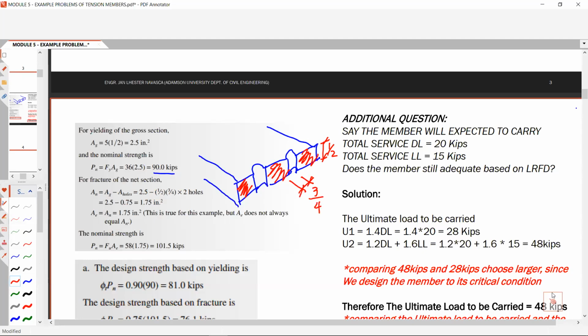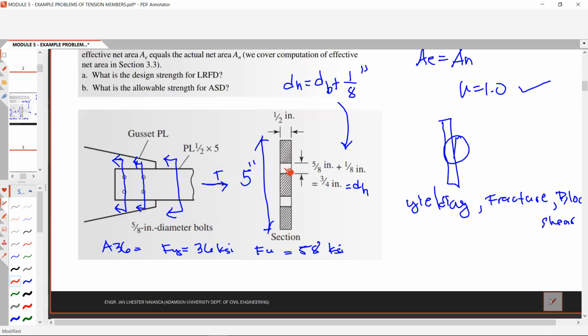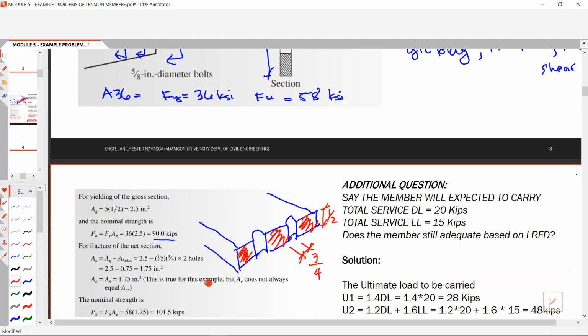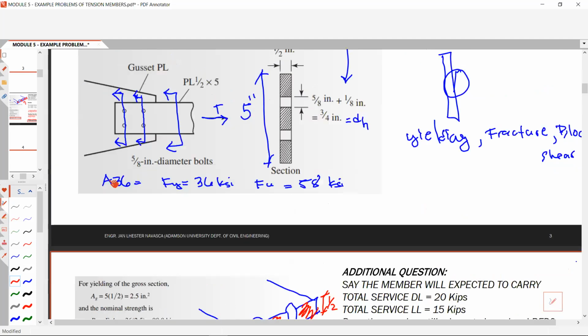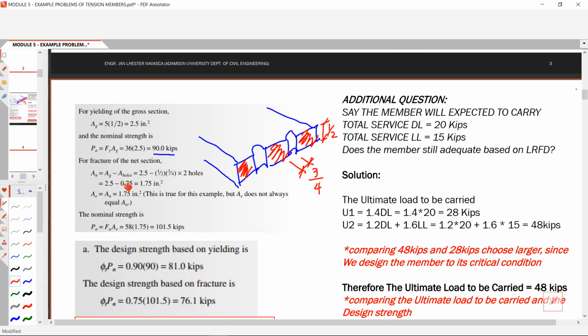So that is why we have 1/2 times 3/4, that is this white area, and times 2 since you have two holes. So you have 2.5 minus 0.75.